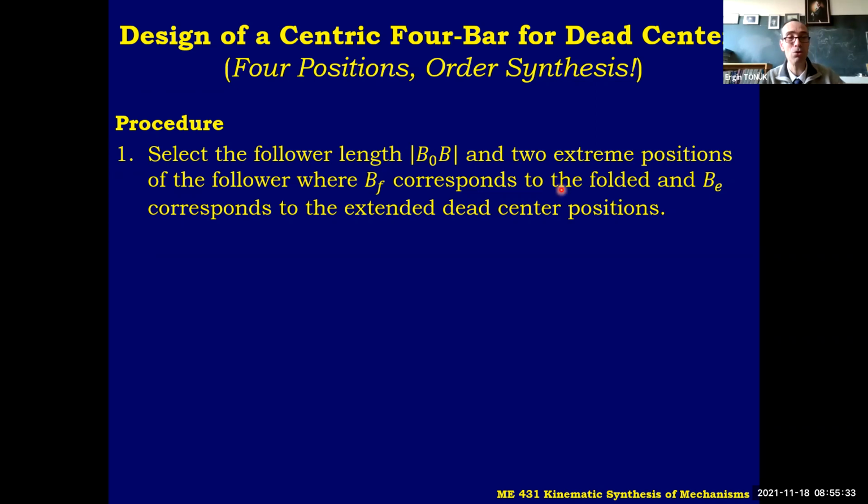And actually, I'm going to show an example on that. So you have the folded and the extended dead centers, and one parameter is this length, if you like. Actually, this is not exactly a free parameter, as we will see in a moment, but selecting one of those is a free parameter.